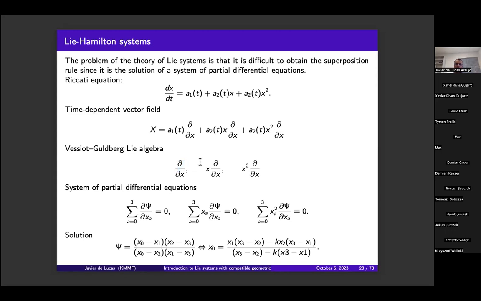What you will obtain is that you have to check when the diagonal prolongations of these vector fields are linearly independent at every point. Because you see on R, this is partial x, this is x partial x, and this is x squared partial x. So at every point on R, they are proportional, yes? They have the same direction.